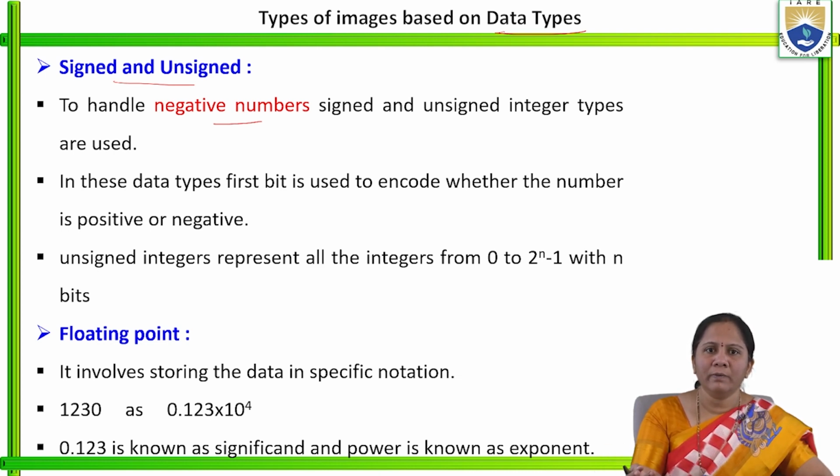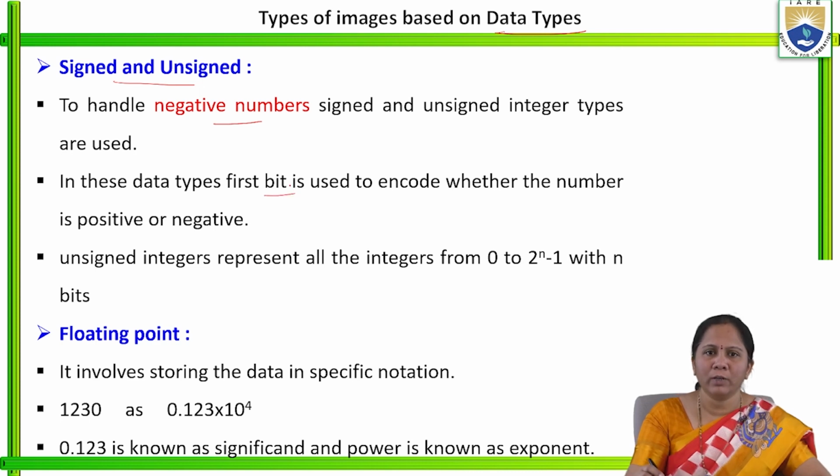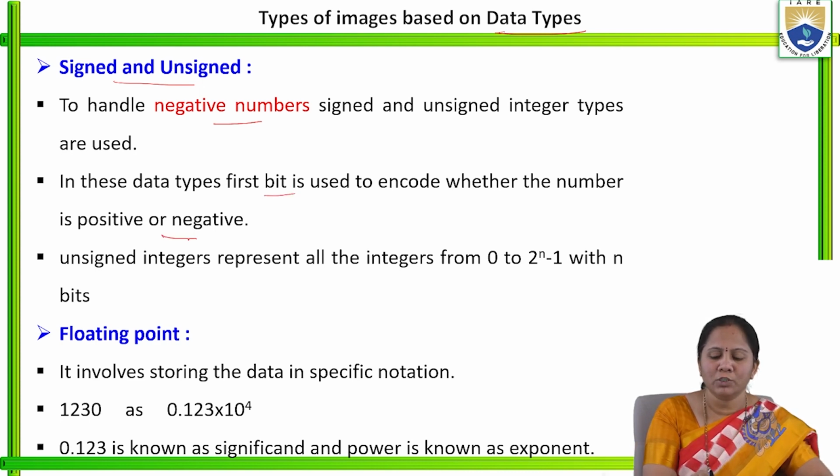So for example, if we are representing any data which is 8 bits in size, in that 8-bit data the MSB will be representing 1 bit, and that particular bit will say whether that particular number is a positive number or a negative number, that is, a signed number or an unsigned number. So in this data type, the first bit is used to encode whether the number is positive or negative.